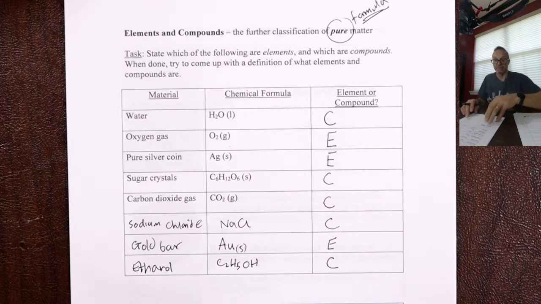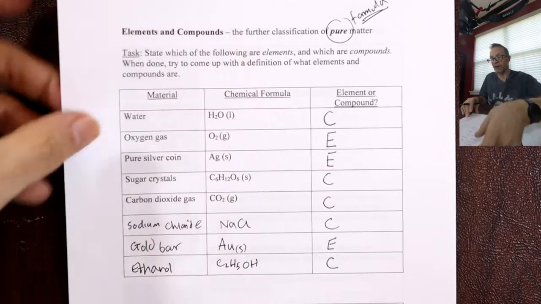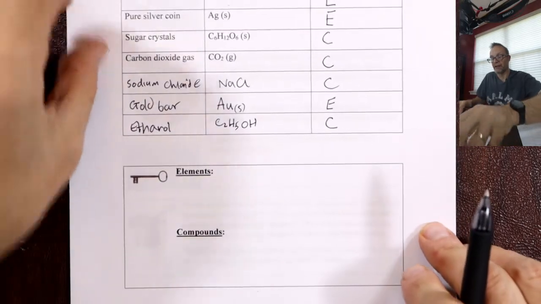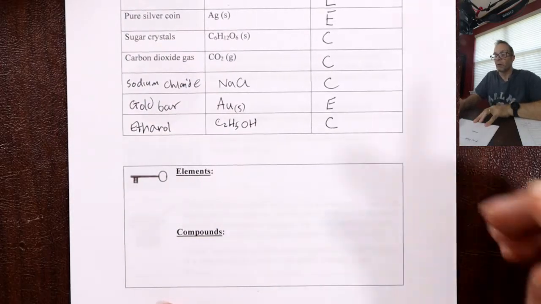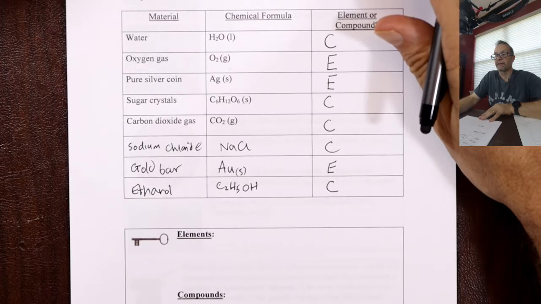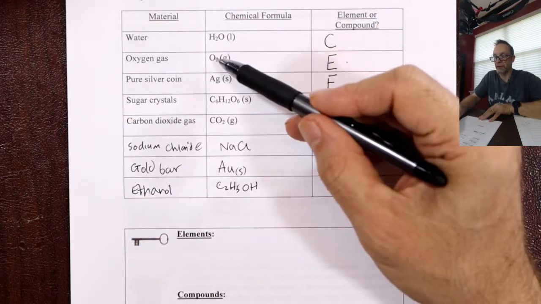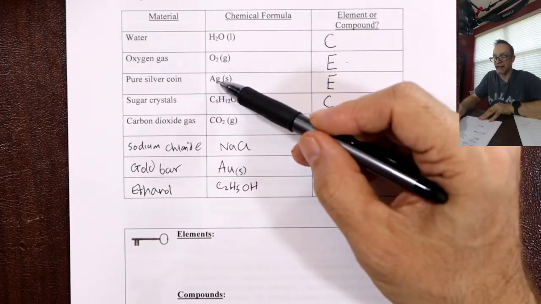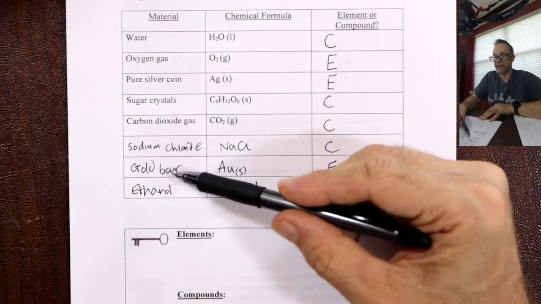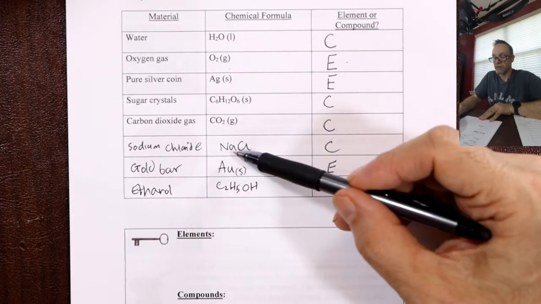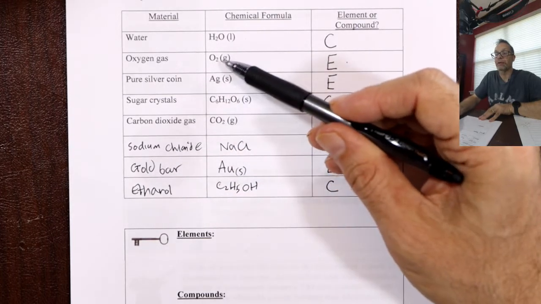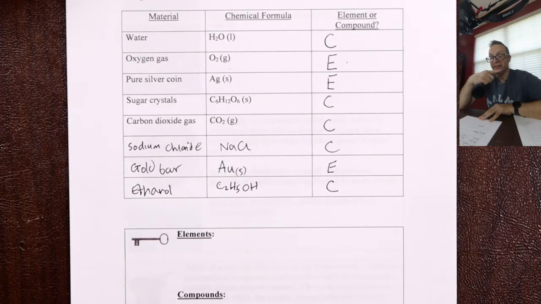Now, question. How do we determine from the formula if they're an element or a compound? Well, look at the elements real quick. Let's do elements, right? So, element O2, element Ag, element Au. If you look at all these formulas, what they have in common is what? They contain one kind of atom.